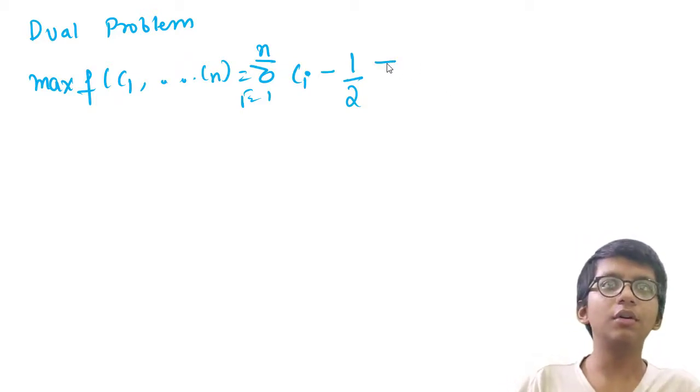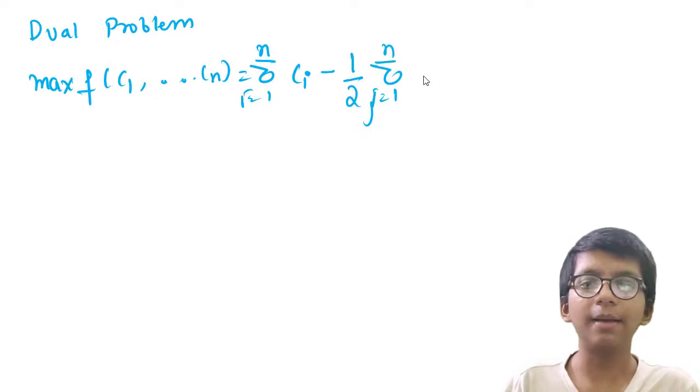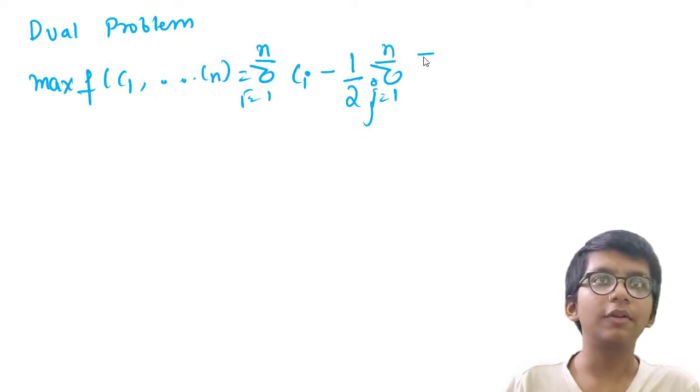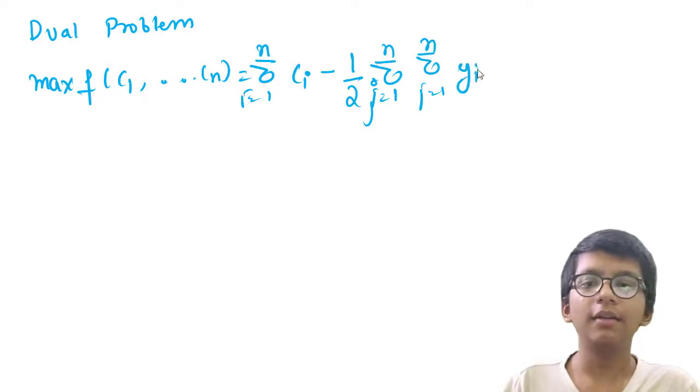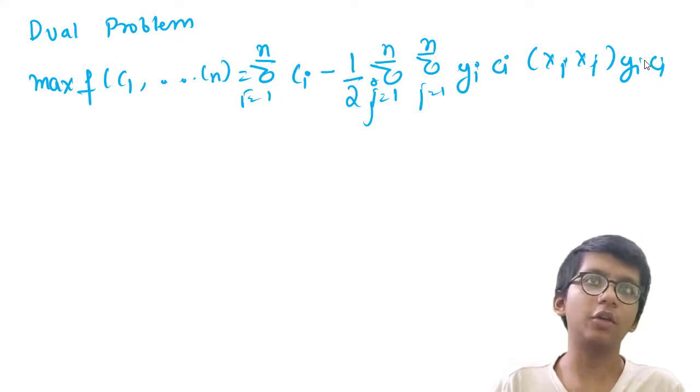Okay, so you have the sum over i equals 1 all the way down to m, then j equals 1 all the way down to n, of yi Ci times the dot product of xi and xj, times yj Cj. I think I'm doing it correctly.